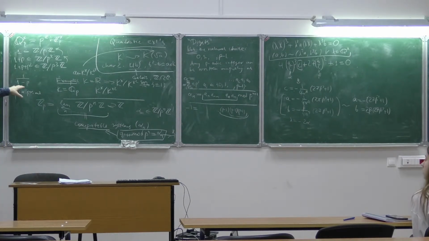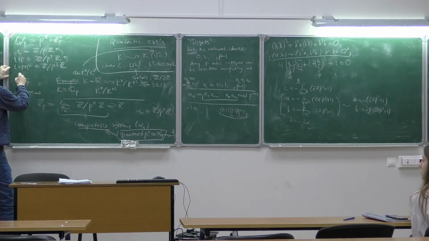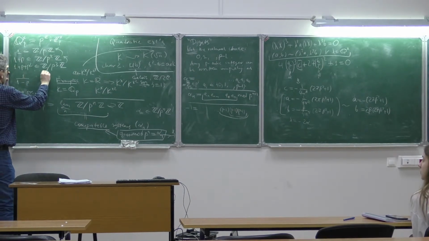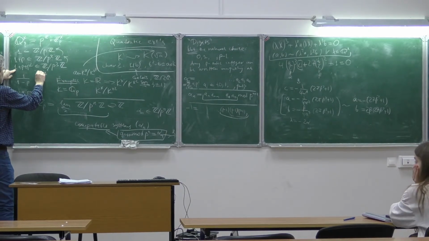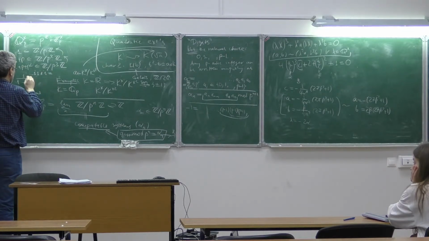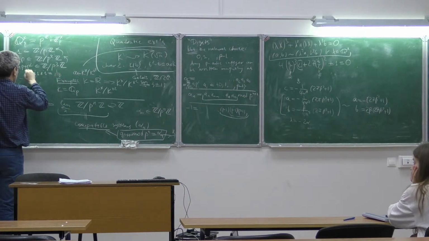And what happens if you multiply this by p minus 1? How do you write this number? You write 1, 1, 1, 1, and so on, so you write that this is 1 over 1 minus p.